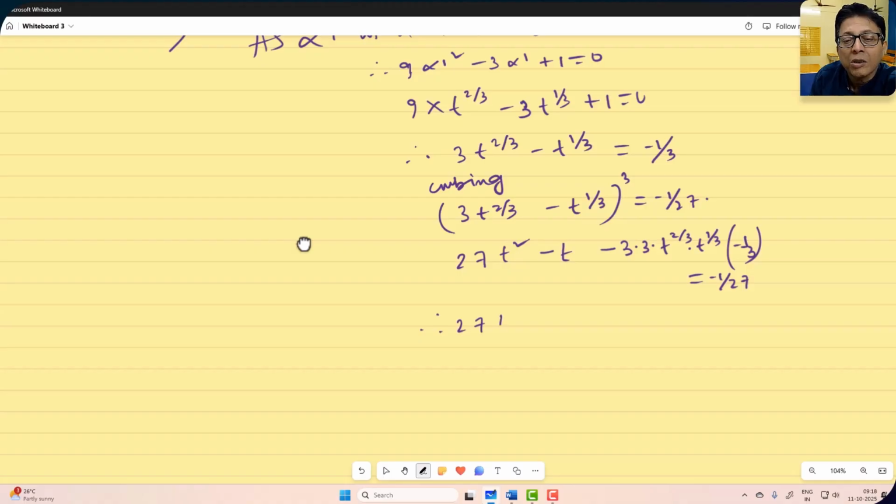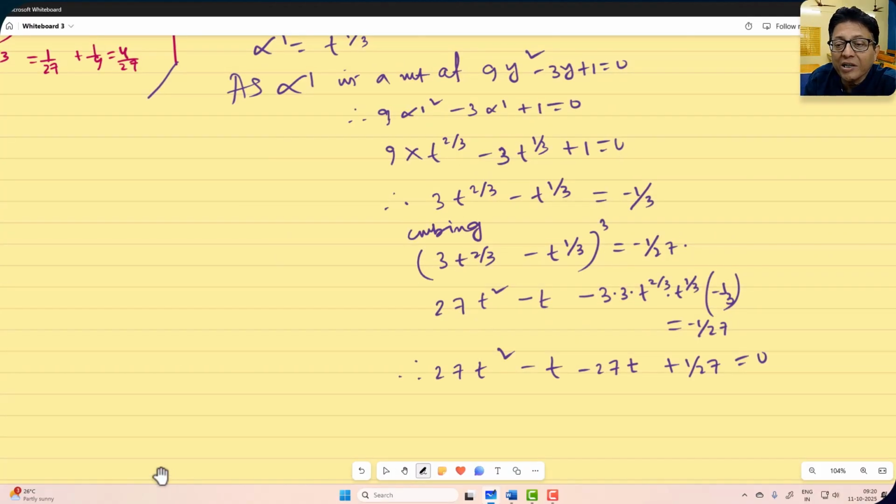Therefore, 27t square minus t minus 27t plus 1 by 27 equal to 0. Clear? So now you have to find the sum of the roots. Okay? This is going to be minus 3t. So you get 27t square minus 4t plus 1 by 27 equal to 0.